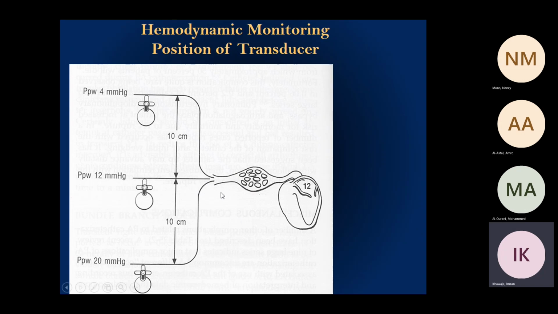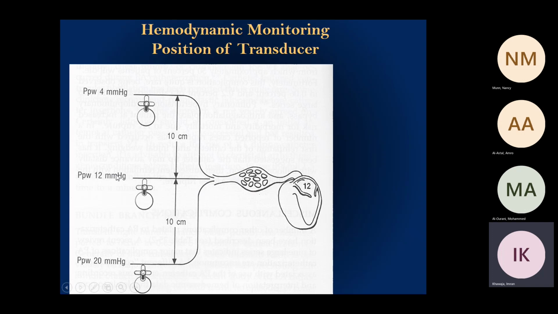The other thing, like I said, is that leveling your system to the right atrium can affect your readings. If you put your system above, you can underestimate your reading. If you are 10 centimeters above, the true reading is 12, and if you convert that by 1.36, that's about 8 millimeters less.